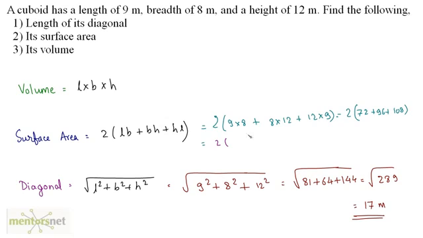Let's add these up, you get 276, and multiplied by 2 you will get 552, and this will be in meters square because that's the area. Let's calculate the volume now. It's simple, LBH. So we have 9 times 8 times 12, and that will give you 864. Okay, so this is how you solve questions. Pretty easy, huh?